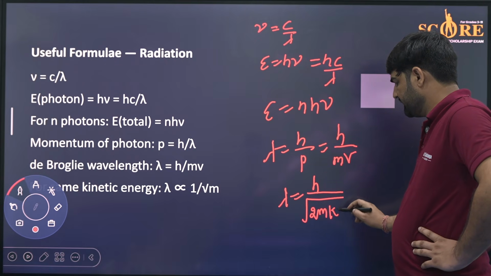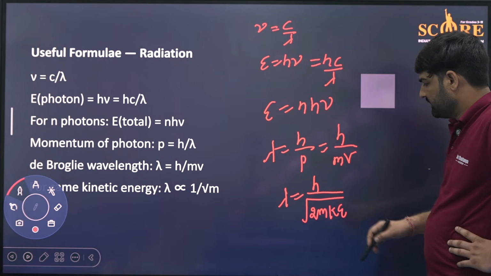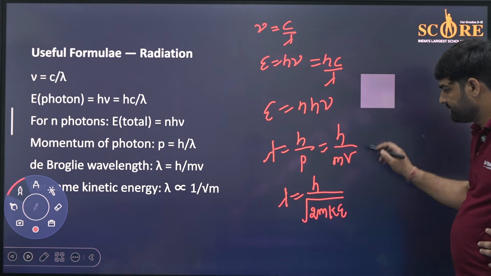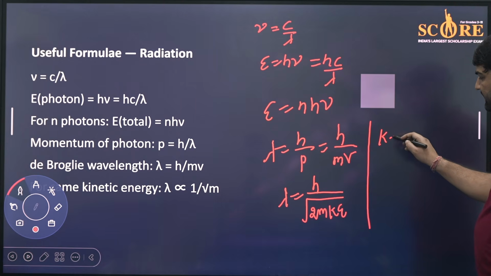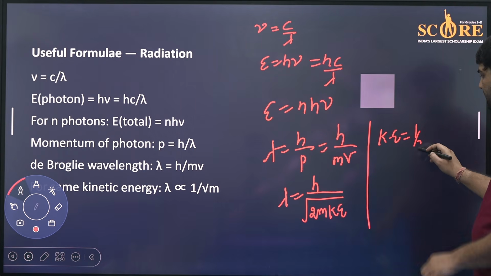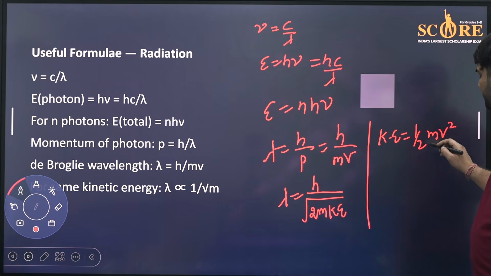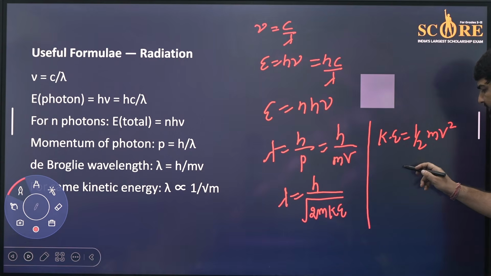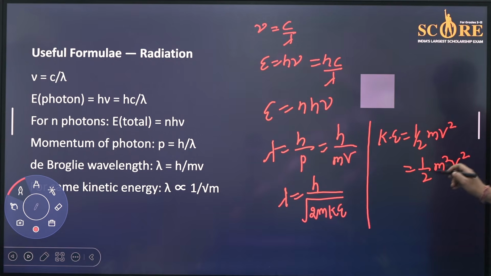You know kinetic energy equals half mv square. You have to multiply by m here, so this will be mv square and this will be m kinetic energy.